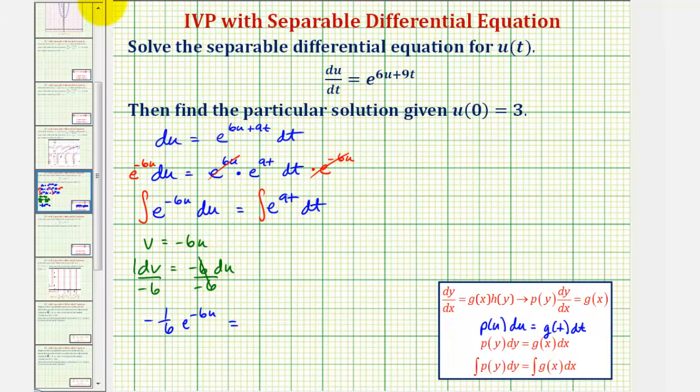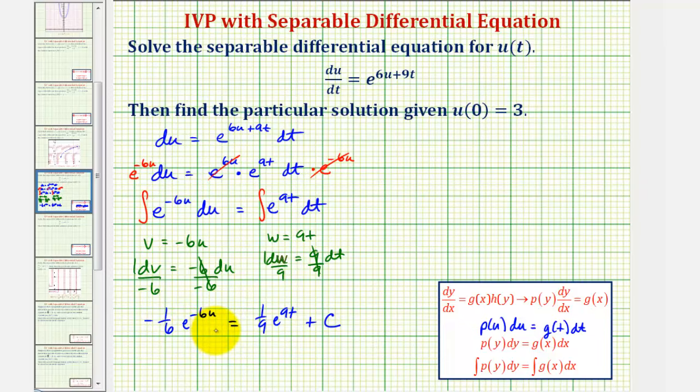Equals, now here we'll have a similar situation where if w is equal to 9t, dw is equal to 9 dt, dividing both sides by 9, notice how dt is equal to 1/9 dw. So the antiderivative of e to the 9t with respect to t would be 1/9 e to the 9t plus our constant c. Now we need to solve this equation for u.